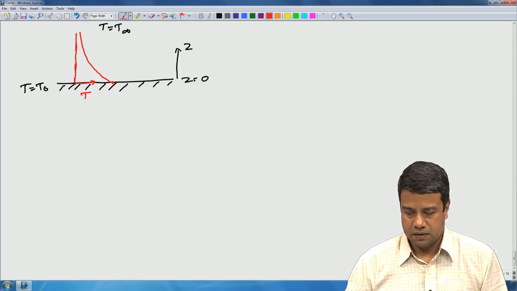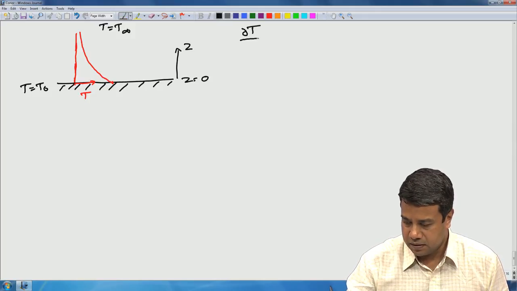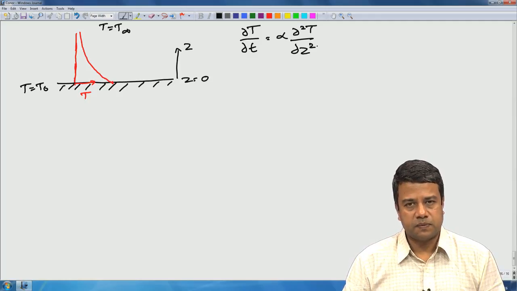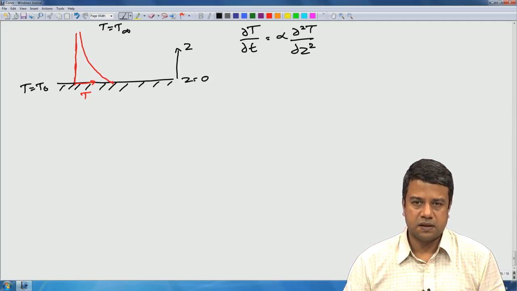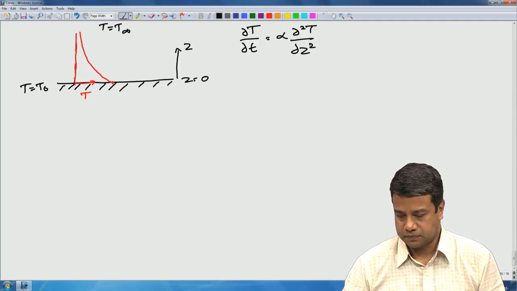So, my equation is, let us assume for the present that there are no sources or sinks, that the heating is entirely due to the heating of the bottom surface.